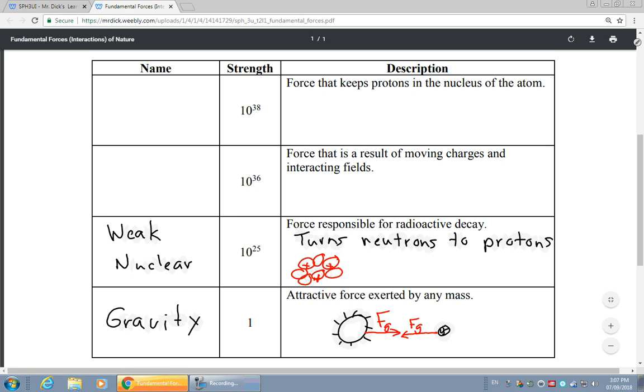Well, this weak nuclear force is responsible and helps guide us through this radioactive decay process. And eventually, after that decay process has occurred, we still have 7 particles in the nucleus. So I'll draw 7 little circles again. But what we find now is that what was 3 protons and 4 neutrons is now 4 protons.